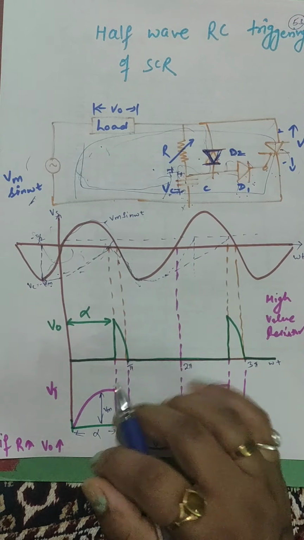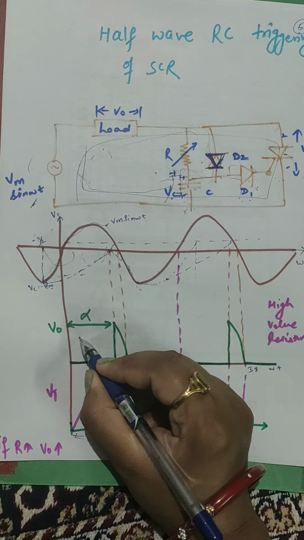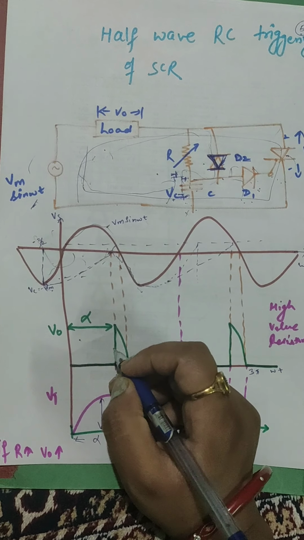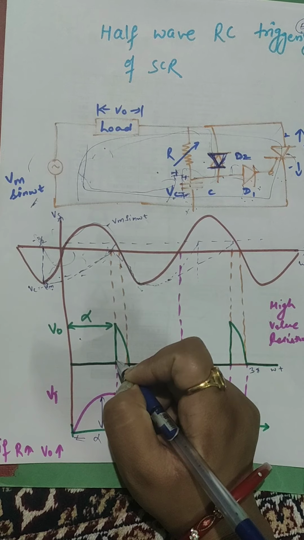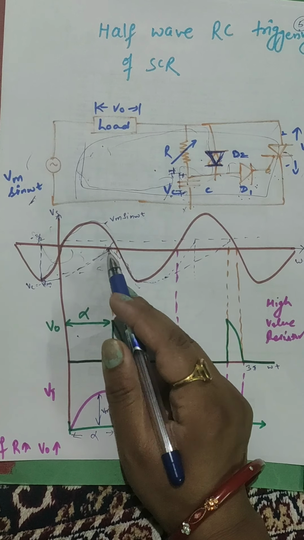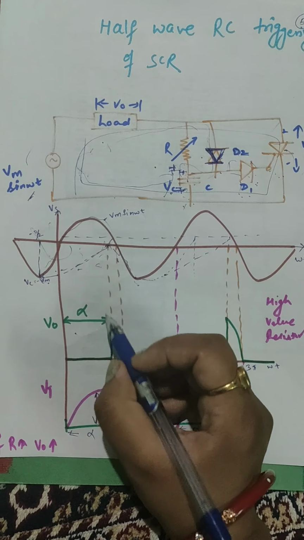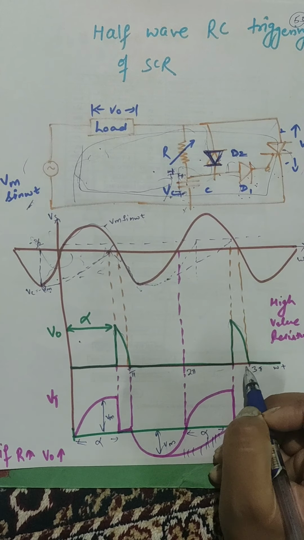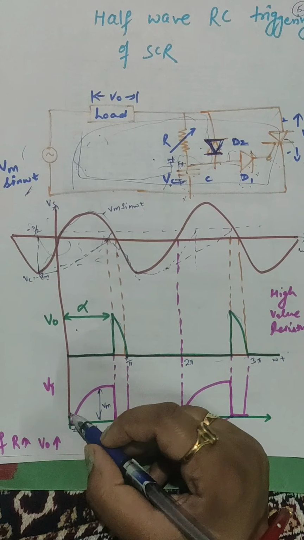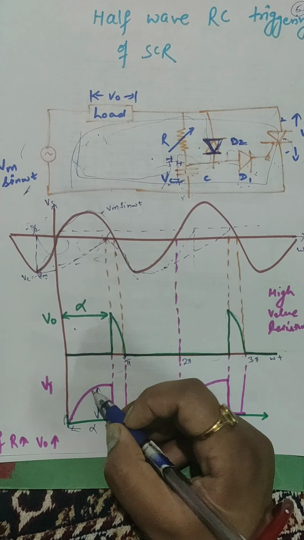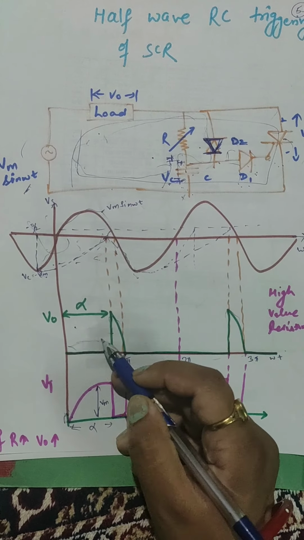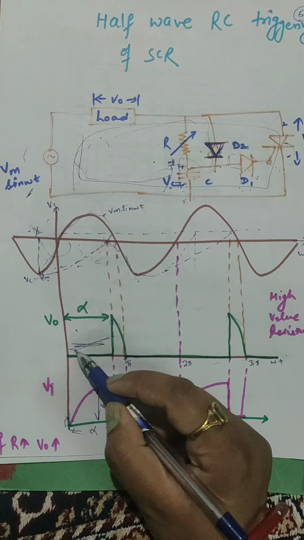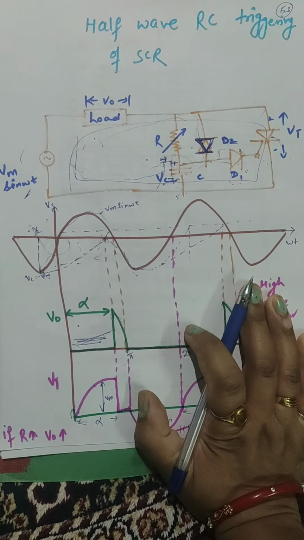So we get the output where the firing angle is given to the thyristor. We get the output like this, and the thyristor voltage appears when the thyristor is on. It depends on this firing angle.